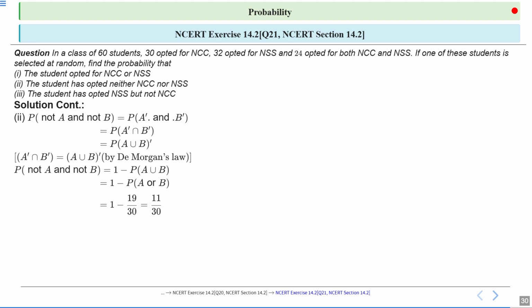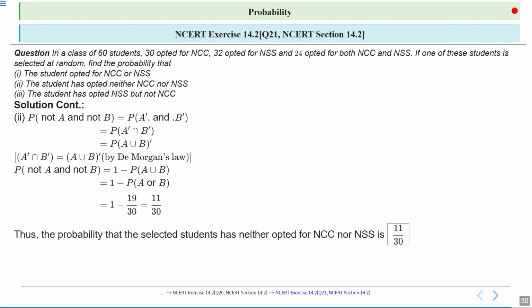So probability of not A and not B is equal to 1 minus 19 over 30, and this is equal to 11 by 30. Thus the probability that the selected student has neither NCC nor NSS is 11 by 30.